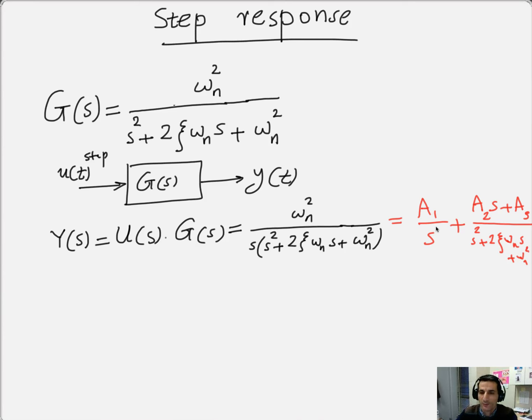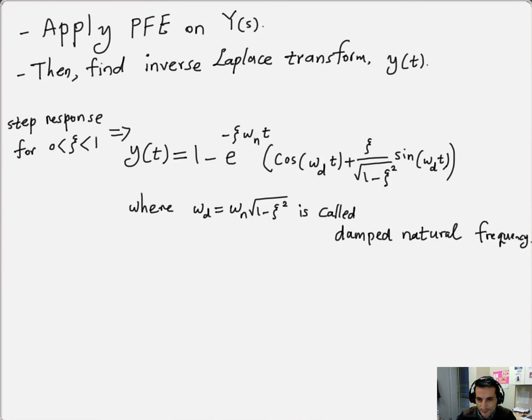Then you have to find a1, a2, and a3 using what we call the residue test, basically what we learned in the very first lecture. If you do that, then you find the inverse Laplace transform after you apply the partial fraction expansion, and that gives you y of t, which is the step response.